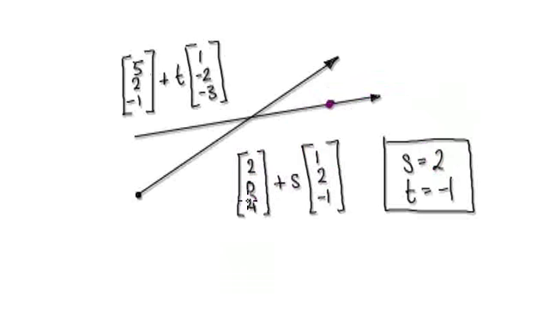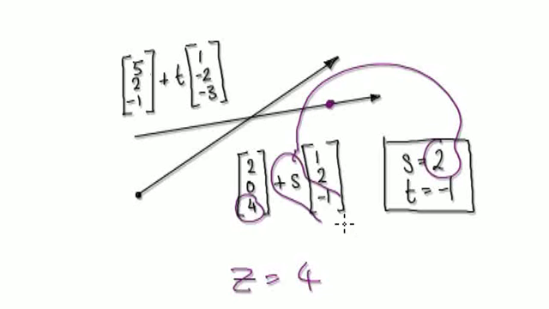That would then be 4. So the Z location will be 4. Put this into here. This will be 4 minus 2. So that will be 2. So that will then give you your precise location.